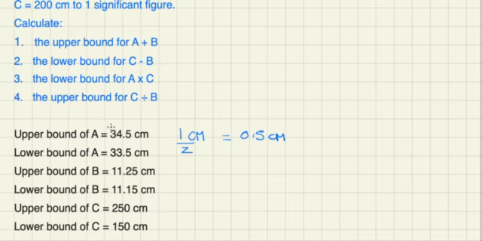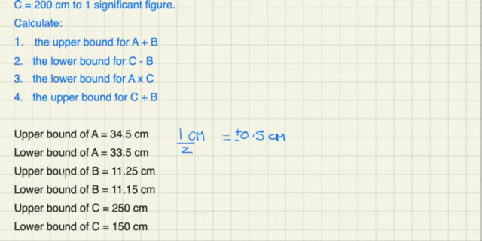So the upper bound for A is 34 plus 0.5 centimetres, which gives you 34.5. The lower bound for A is 34 centimetres minus 0.5, which gives you 33.5.